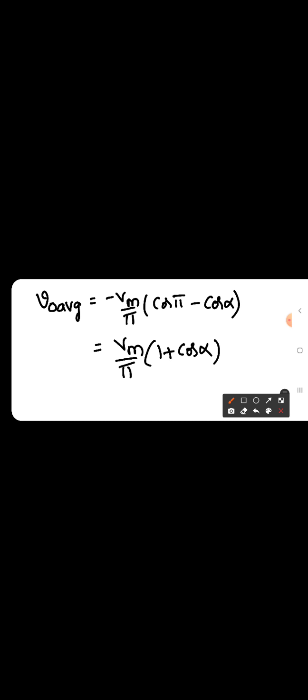You can observe that this equation is very similar to the average output voltage equation of a fully controlled converter with resistive load. Now let us go to the speed torque characteristics.